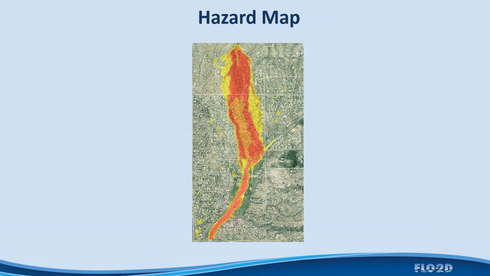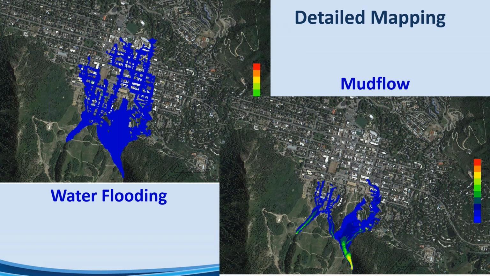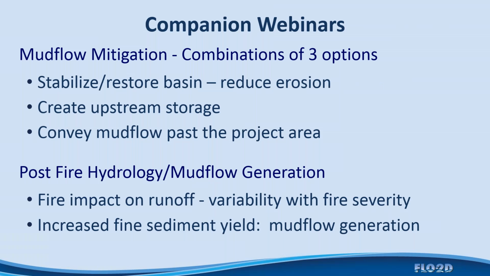I think these hazard maps are far more definitive. You can also panic the general population with these maps, so you have to be a little bit discreet in doing so.